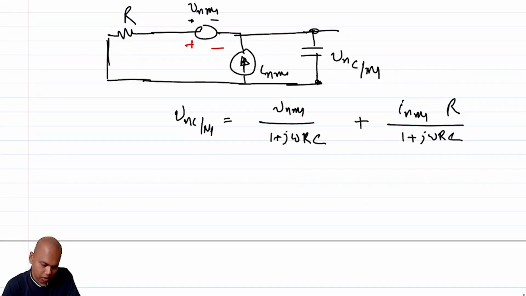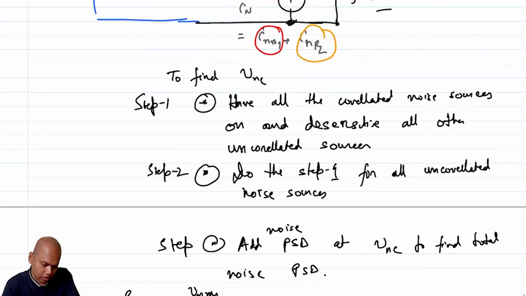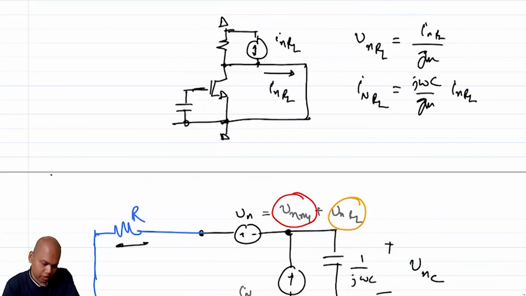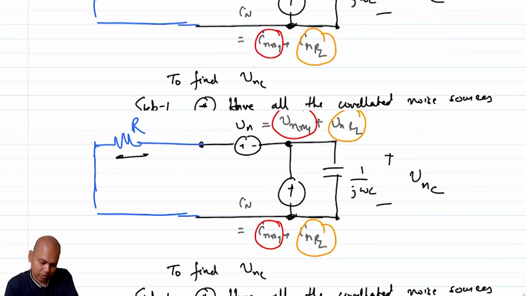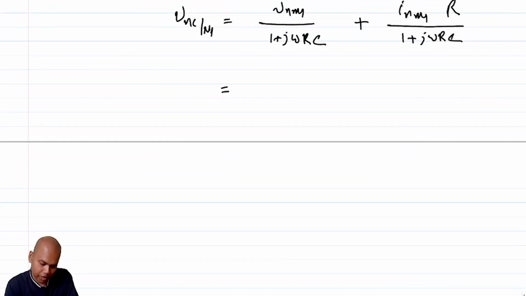Okay. So now, what is VNM1? Recall, your VNM1 was INM1 by GM, and INM1 was j omega C over GM times INM1, right? Okay, so let's simply replace those expressions.